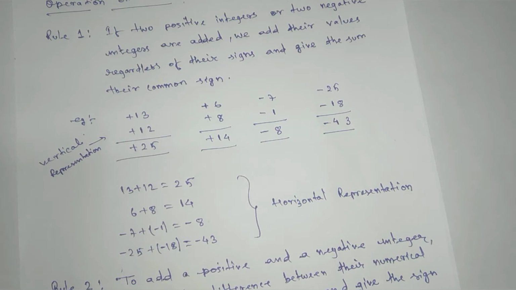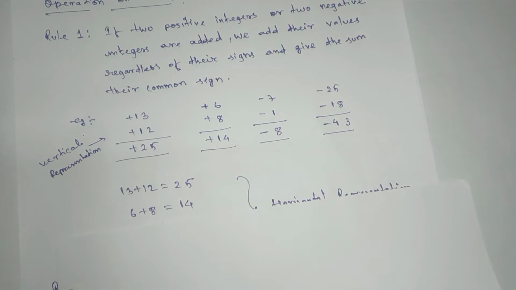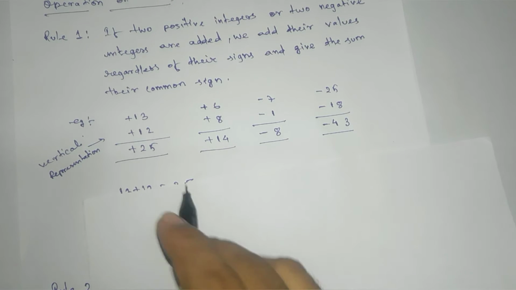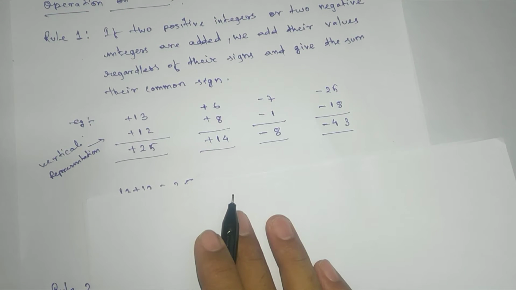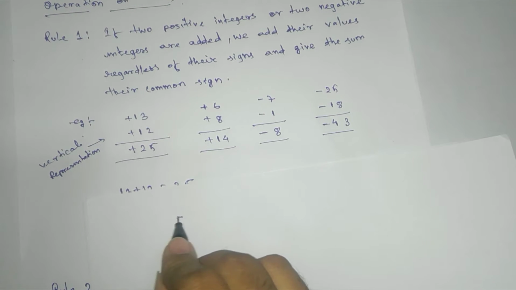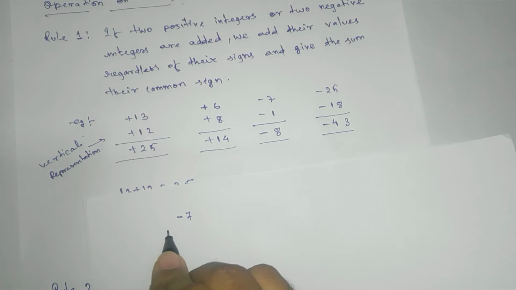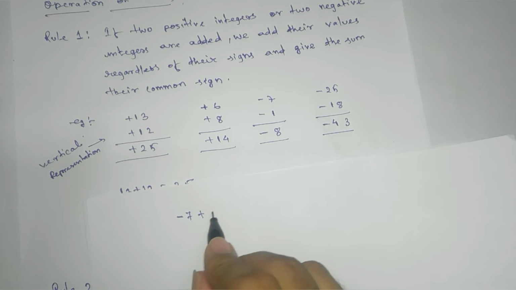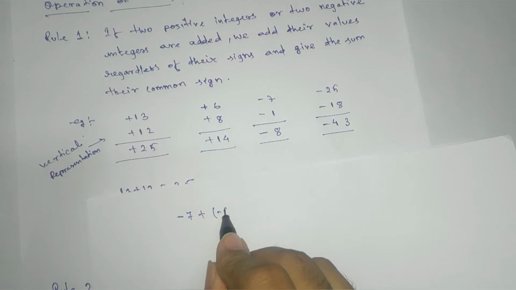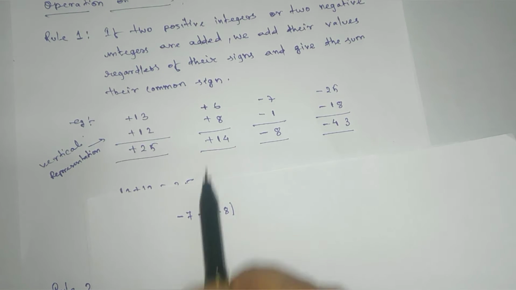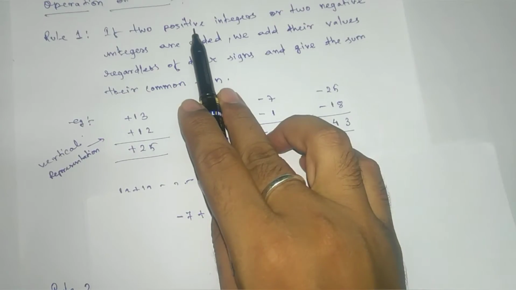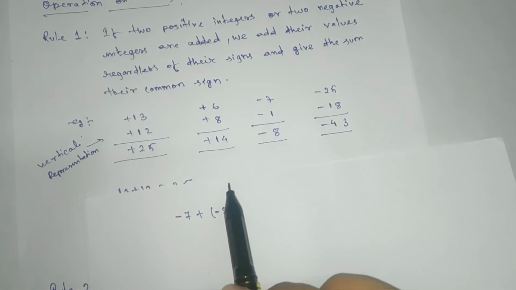Now you may get confused, sir, since this is the first time we are seeing this. Let's try to understand what they are saying here. If we take one number, that is minus 7, and add another number which is also negative, they are telling us: if two positive integers or two negative integers.